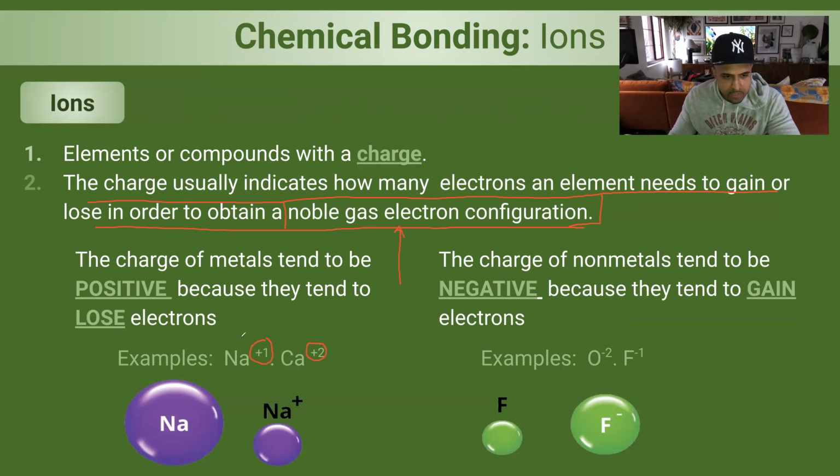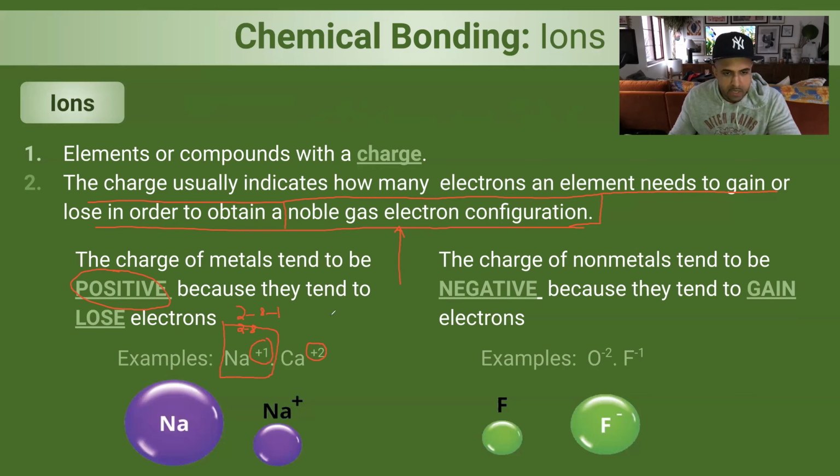Again, sodium, as I said already, is 2-8-1. If you lose one electron, if you lose a negative, you are now positive. If you don't understand that, message me. So 2-8-1, if you lose an electron, you're now 2-8. So the sodium ion is 2-8. Why? Because +1 means you lost one electron.